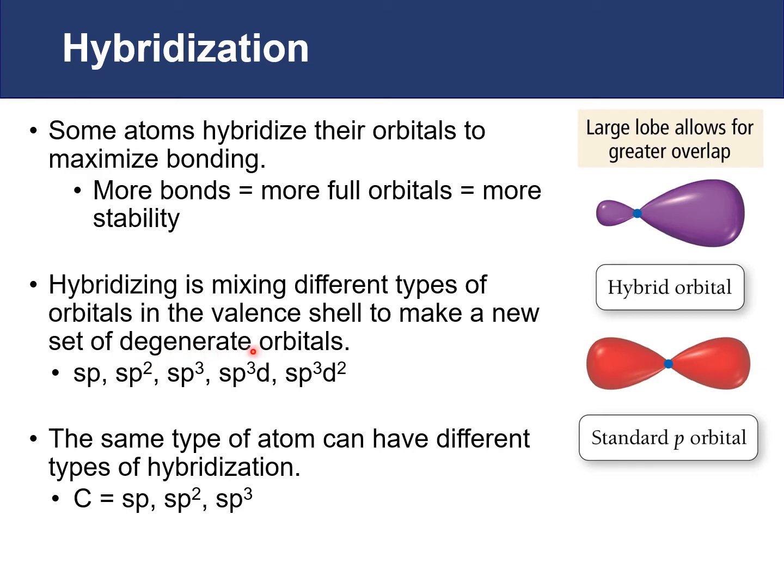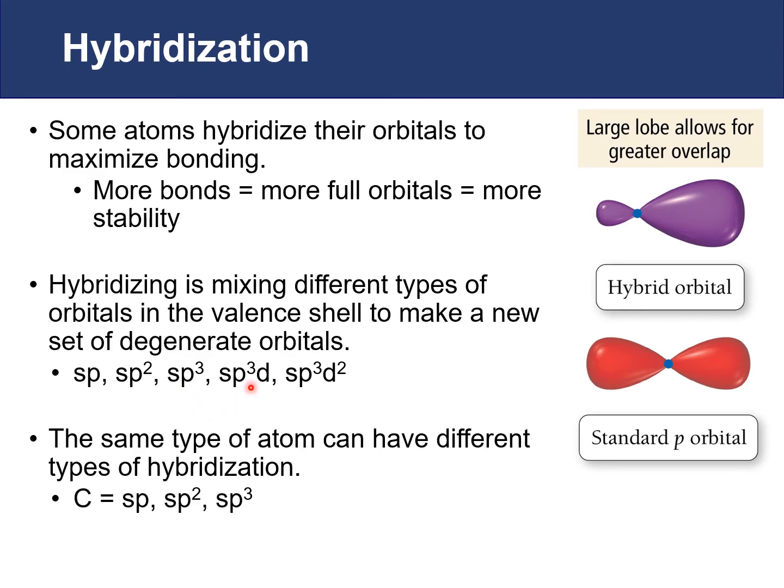The examples that we will be using are the sp, the sp2, the sp3, the sp3d, and the sp3d2. What the name here implies is the orbitals that are being added together. So in the case of the sp, you're adding one s orbital with one p orbital. The sp2 is taking an s orbital and adding to it the functionals of two sets of p orbitals. Then we have the sp3, which is adding together the wave function for one s orbital and three of the p orbitals.